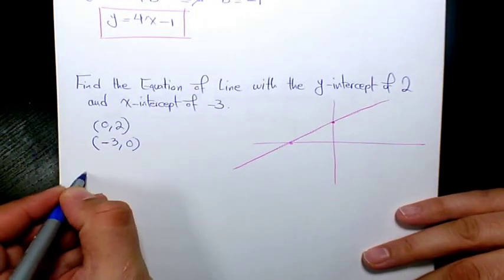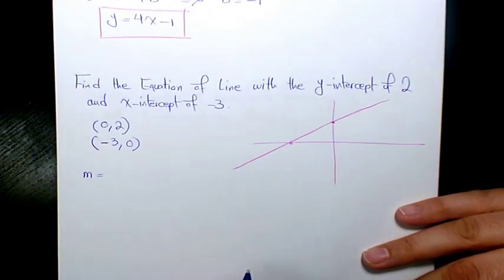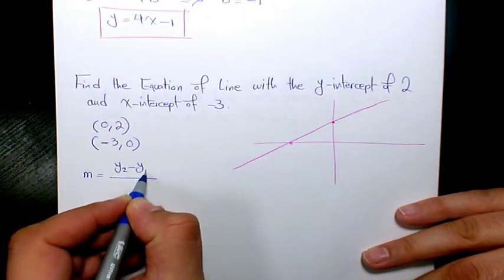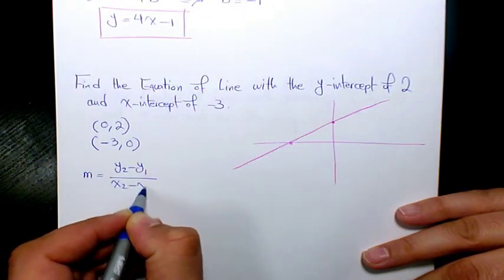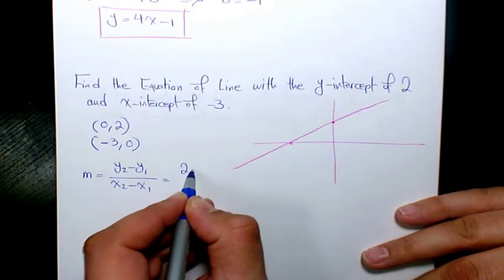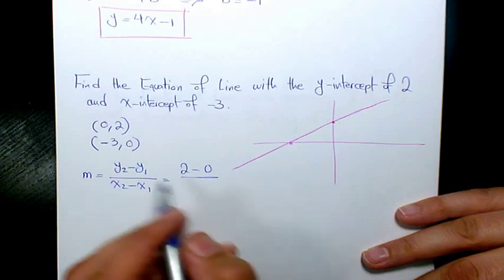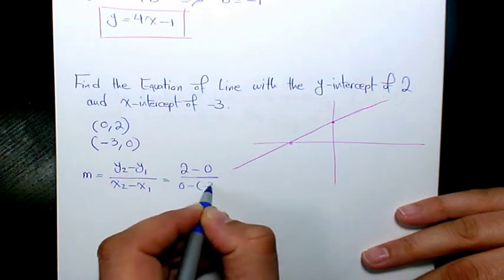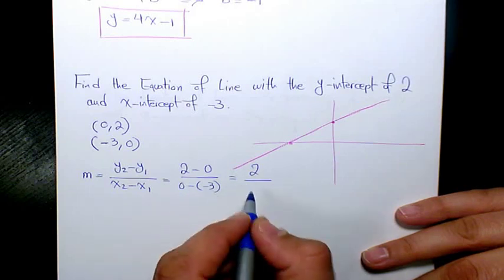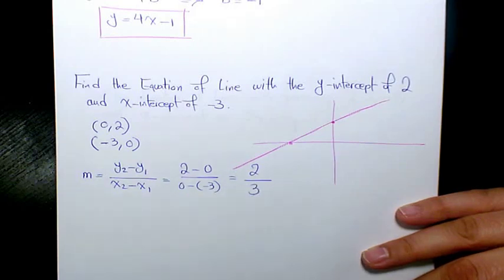Now let's find out the slope or rise over run. y2 minus y1 divided by x2 minus x1. Let's say it's going to be 2 minus 0 divided by 0 minus negative 3. So it's going to be 2 divided by negative times negative positive, so it's going to be 2 over 3.